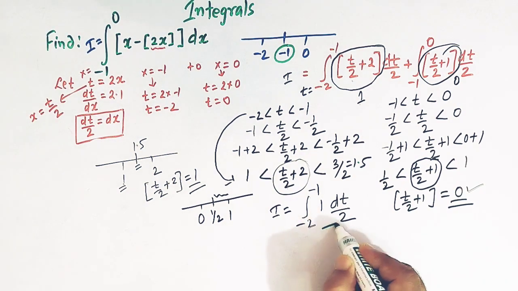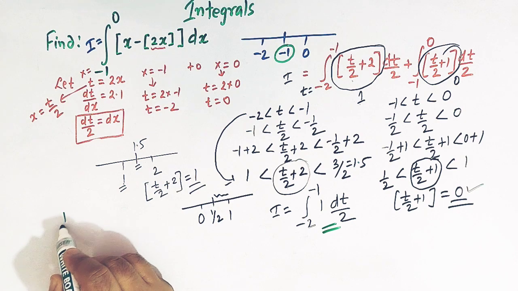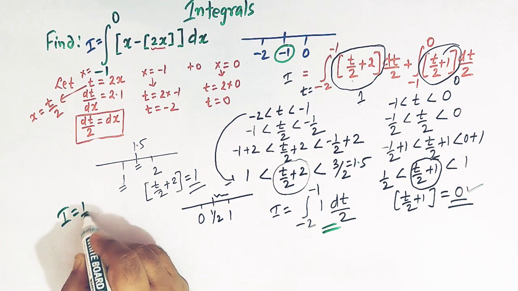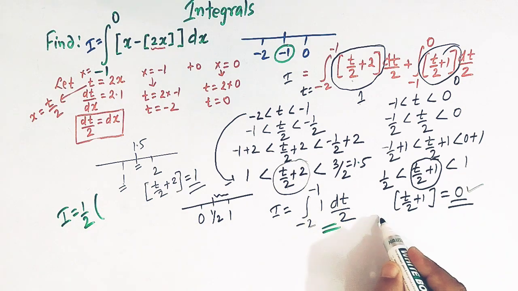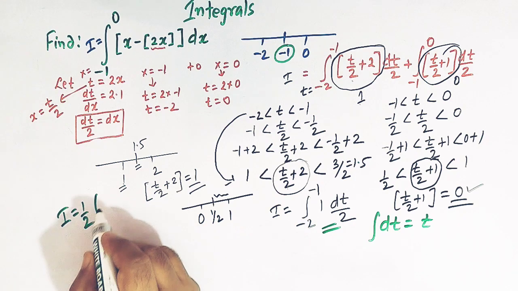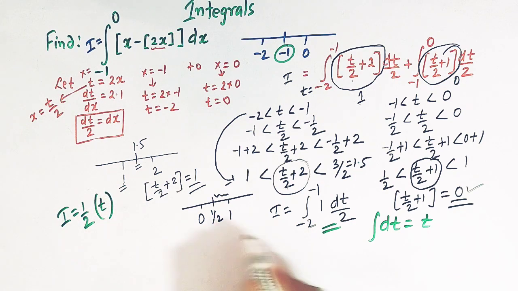So now we have I equal to, we can take half outside, and the integral of dt is simply t. So we have t, and the limits are from -2 to -1.